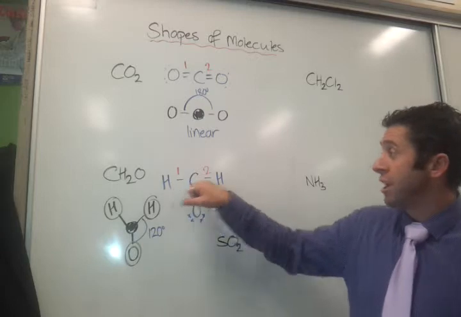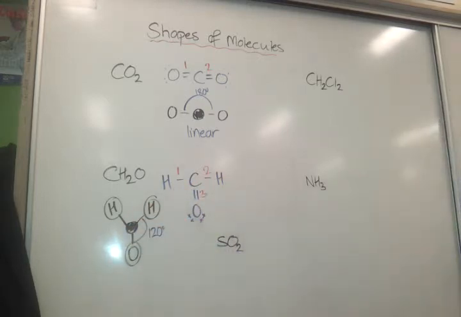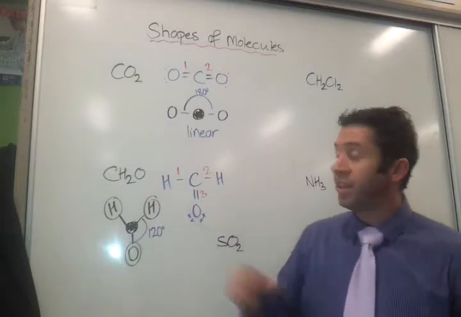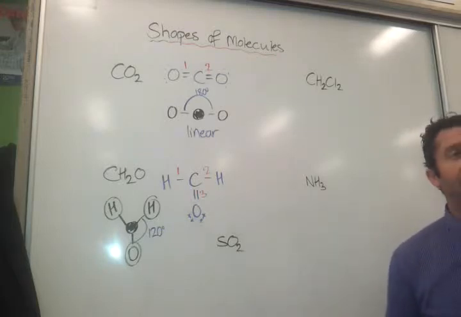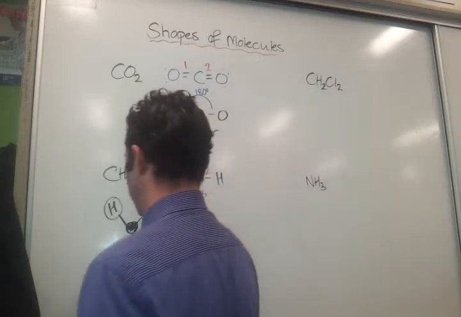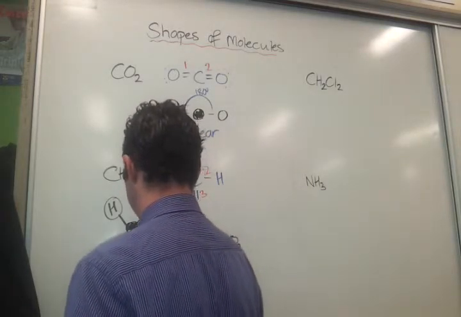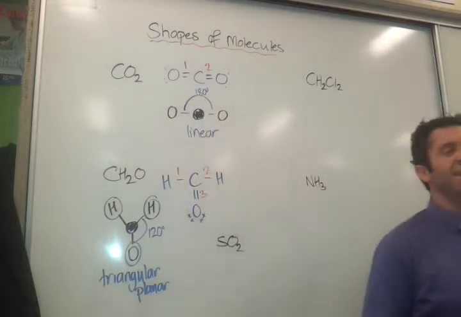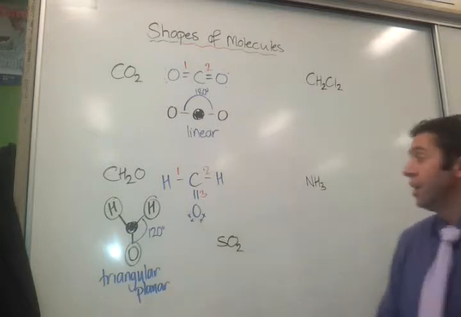So whenever you've got 3 regions of electron density, you get them sitting flat on a plane, and they are the apices of a triangle, so you'll find the angle is 120. Not surprisingly then, the name of this is triangular planar. Now you can't just say triangular, because that doesn't really work. You have to say that it's lying on a plane.